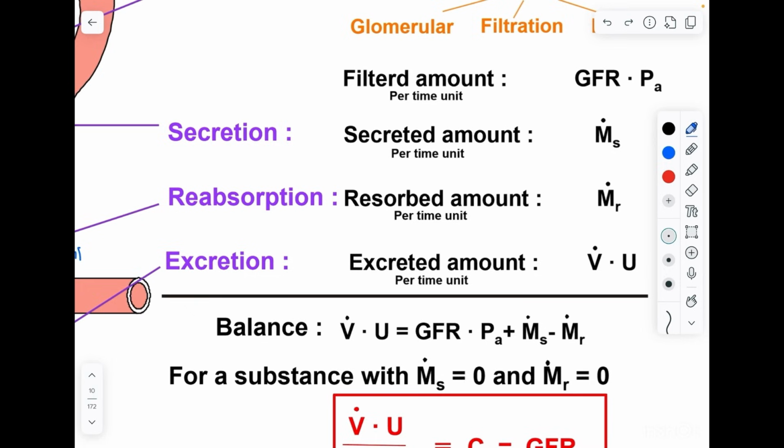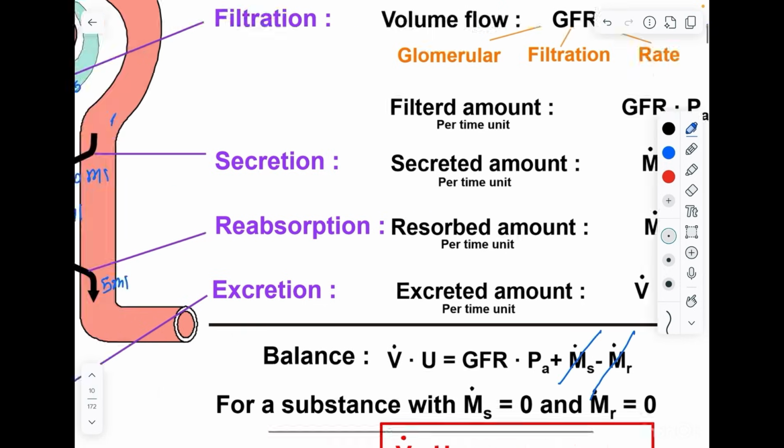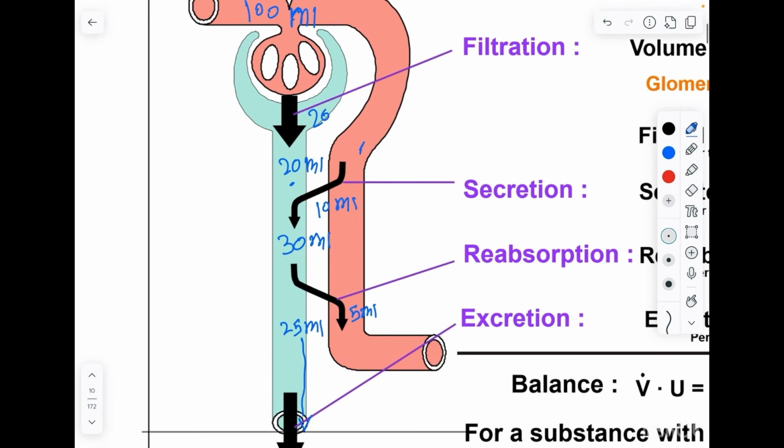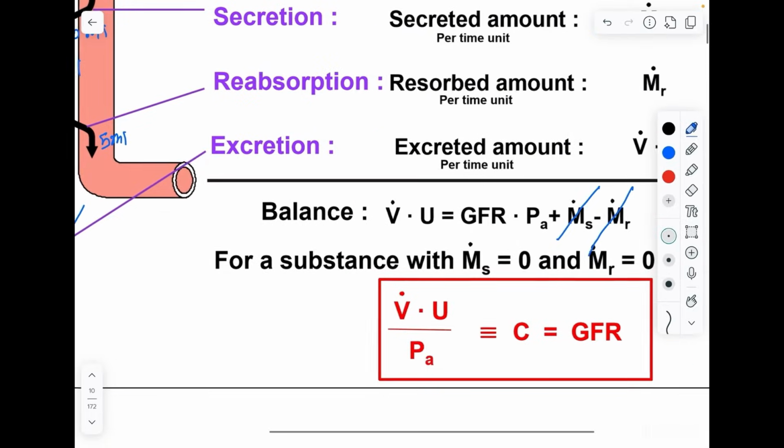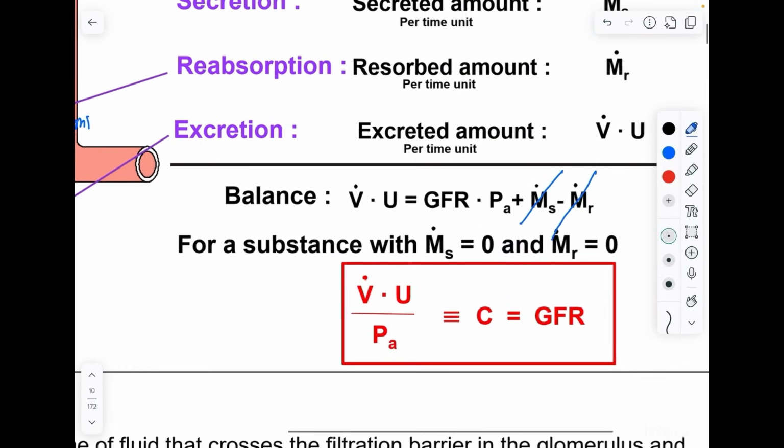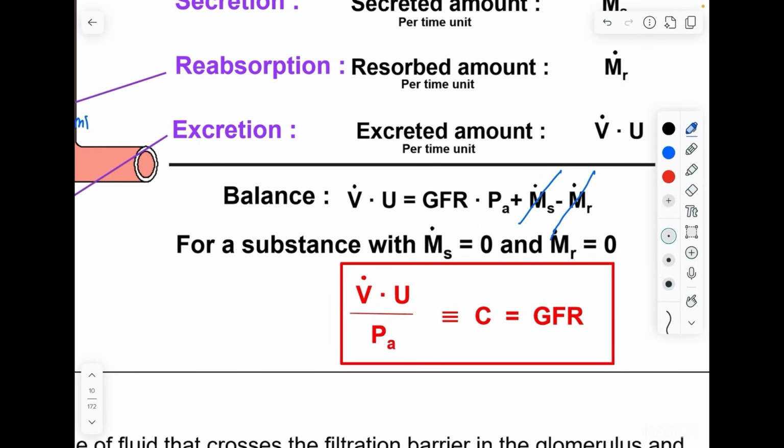Now, let's say, for example, a certain substance is neither secreted nor reabsorbed. It is just filtered and goes straight out. Then we can cancel them from the law, and we can say that the amount being excreted equals the amount being filtered.